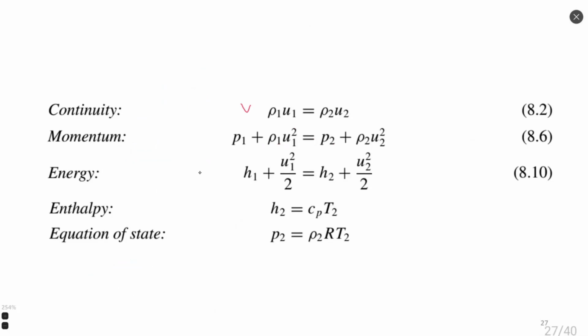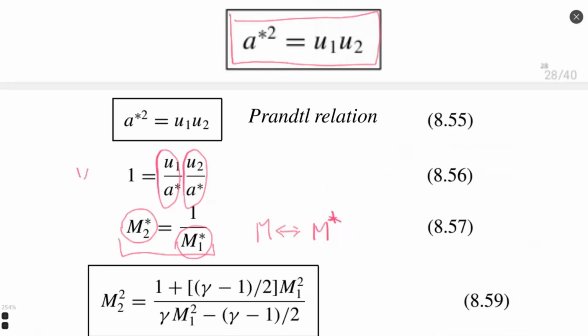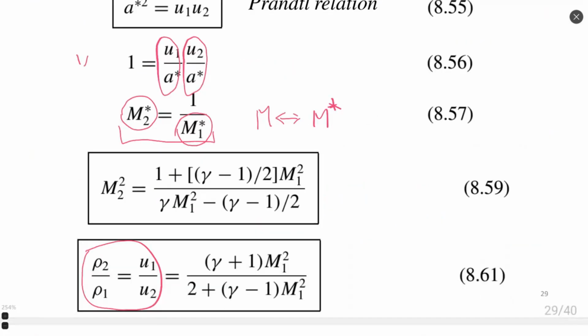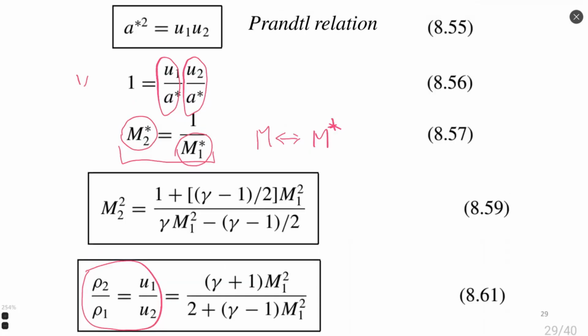We can make the ratio of density on one side and the ratio of velocities on the other side. Since we already have the ratio of velocities, U1 and U2, according to the obtained equation, we can have an analytical solution for the relation of densities before and after the shock wave as a function of Mach number before the shock wave.